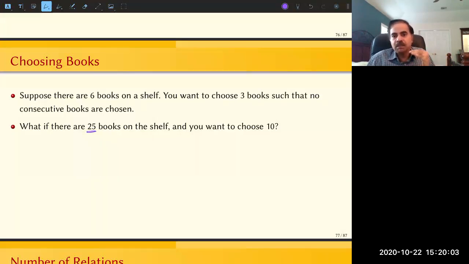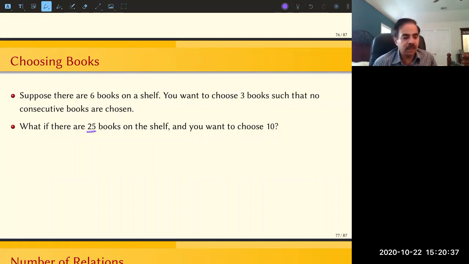In the donut problem, the binary string was explicitly spelling out a process for selecting donuts. It was saying that if it's a 0, pick that donut, right? If it's a 1, then go to the next group. And when you see a 0, pick more donuts from there. When you see a 1, go to the next group. So essentially that 0, 1 string was giving you a procedure for how to pick.